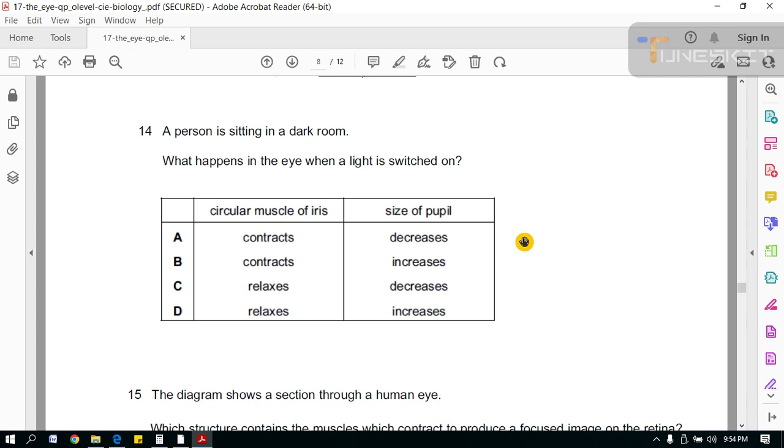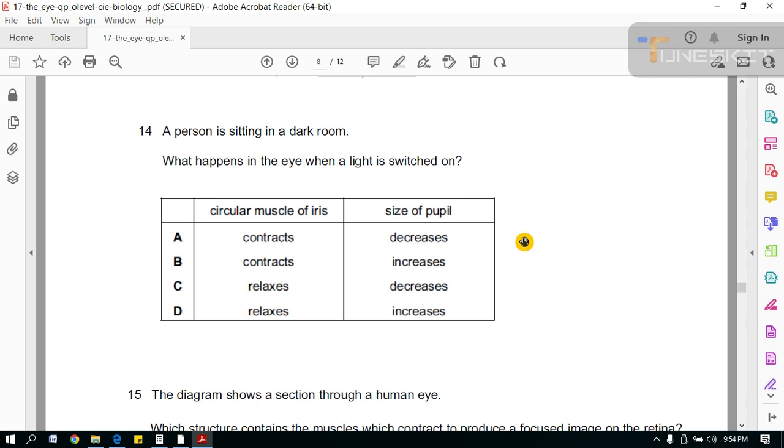Right? When we establish this concept, it means that in bright light, the size of the pupil will decrease, right? So now what happens to the circular muscles of the iris?